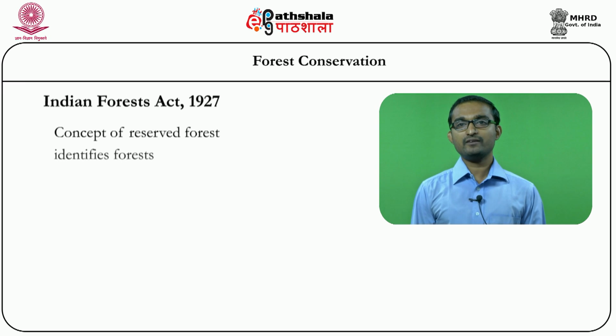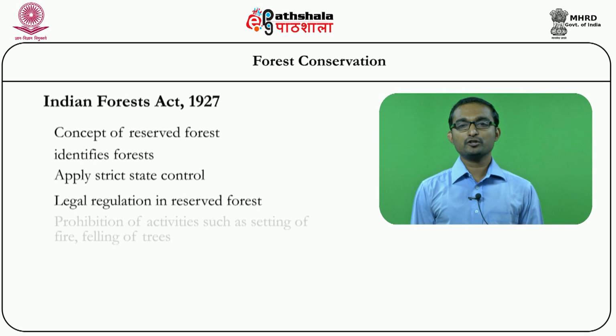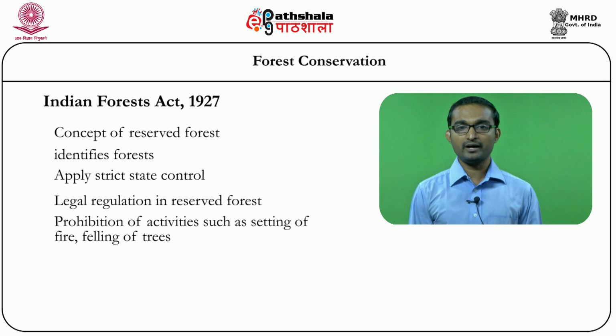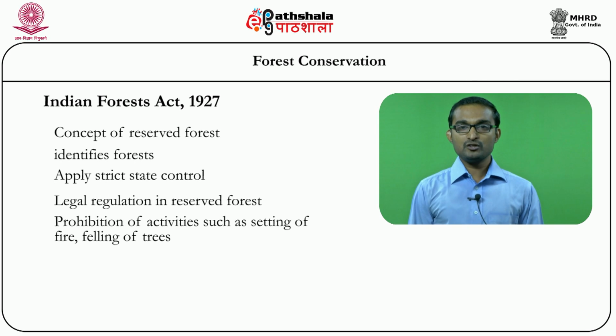The moment it is notified as reserved forest, a number of legal regulations apply to that area. For example, prohibition of activities such as setting fire and felling of trees, and it also involves restriction on entry of people to that area.